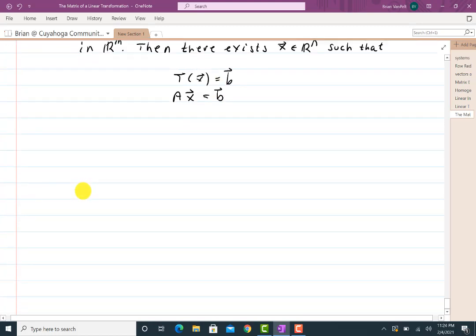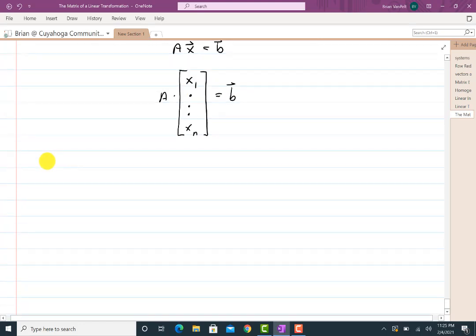Now, if I go one step further and I write my x as x1 to xn, like that, I can write the matrix A like that, where each of those a sub i vectors is a column.